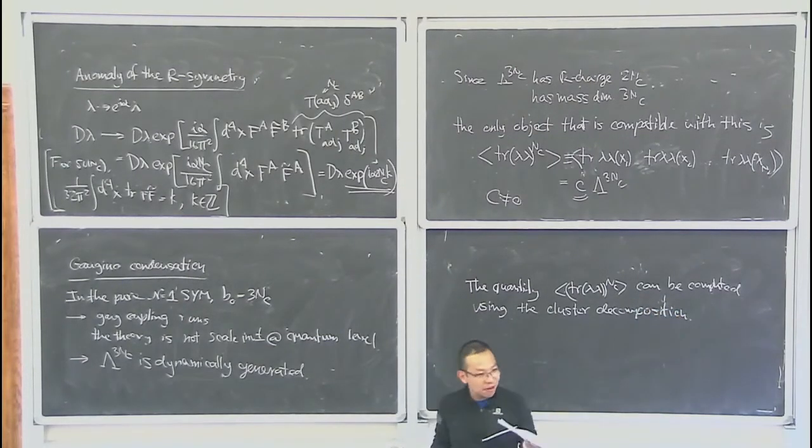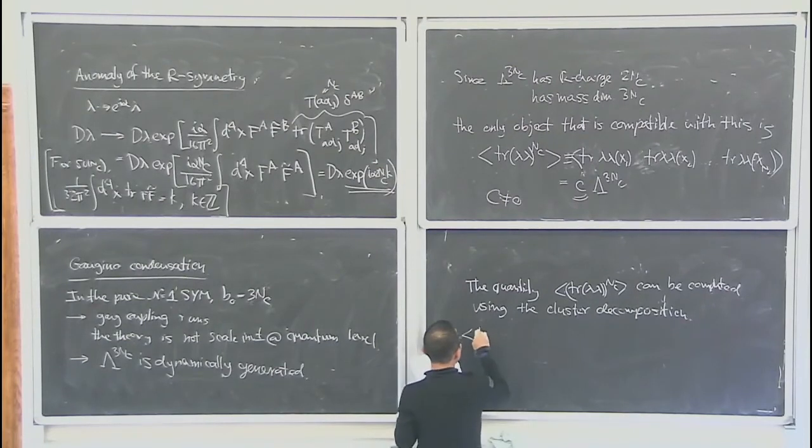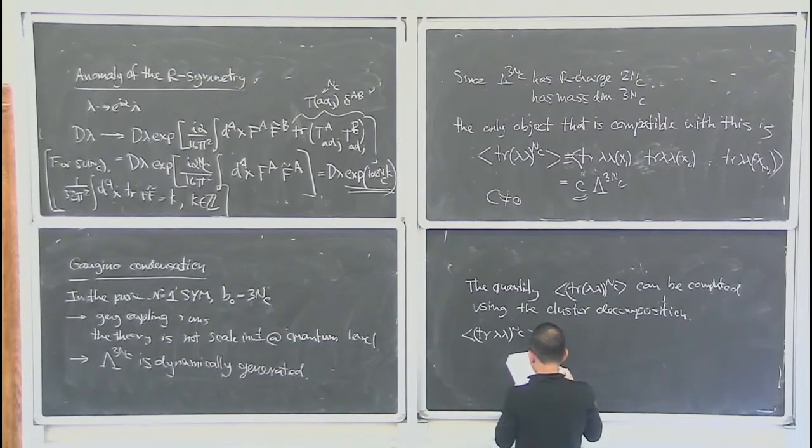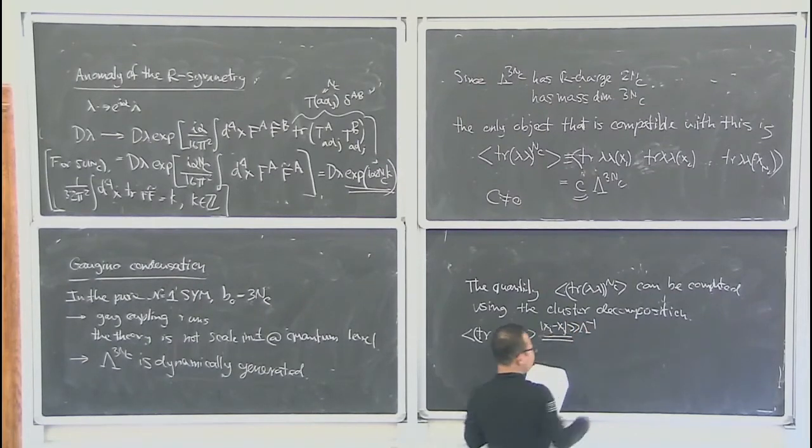So this you're probably familiar with. So you take trace lambda lambda to the NC, which is defined as above, and you separate them in a way that xi minus xj is much larger than the scale lambda inverse.